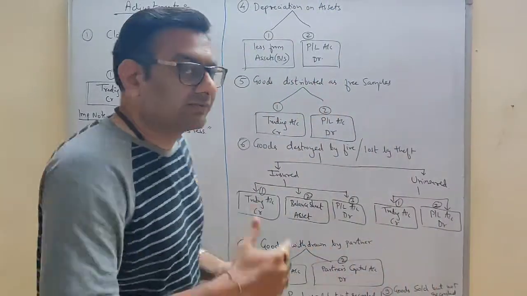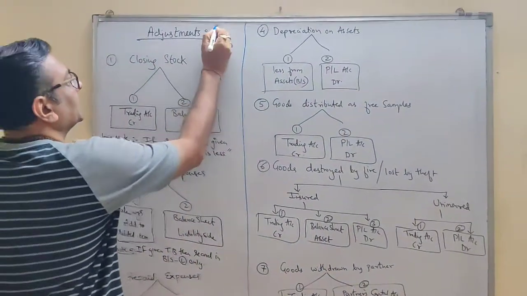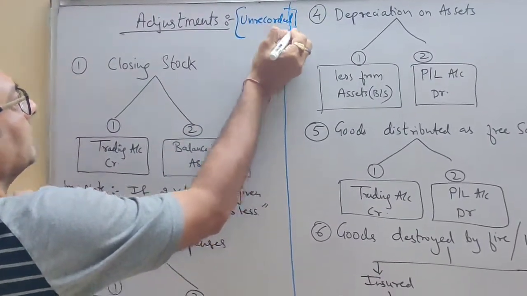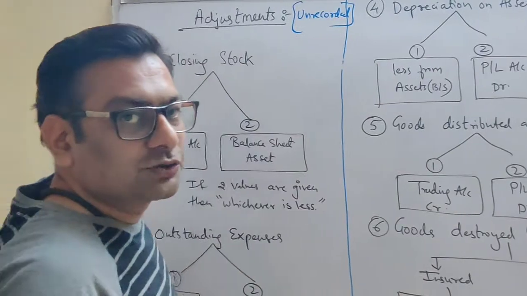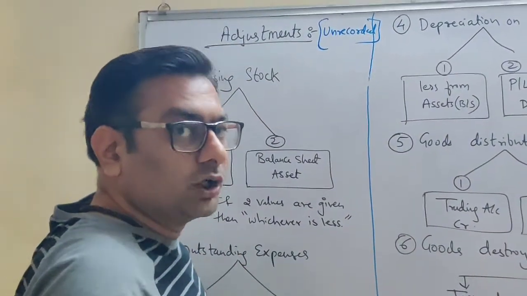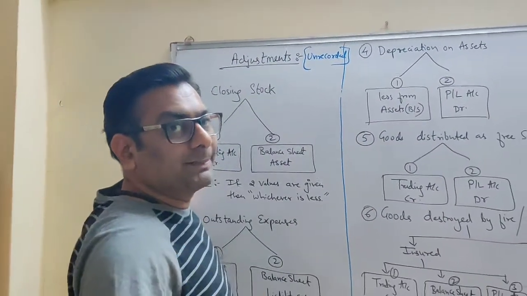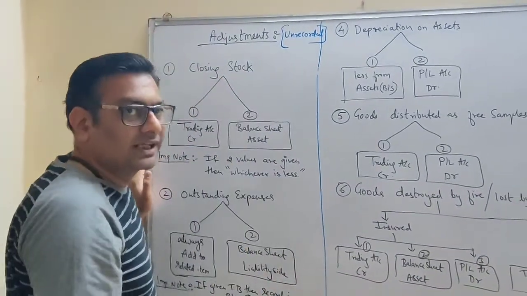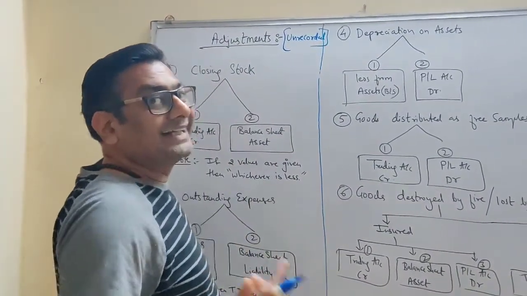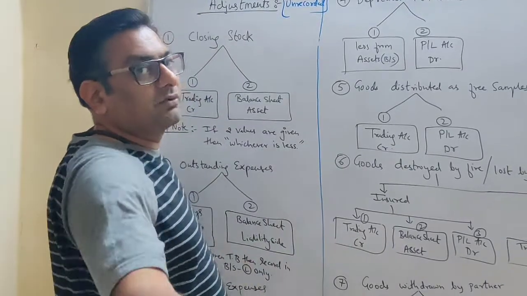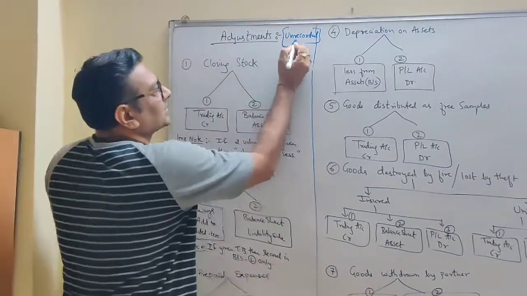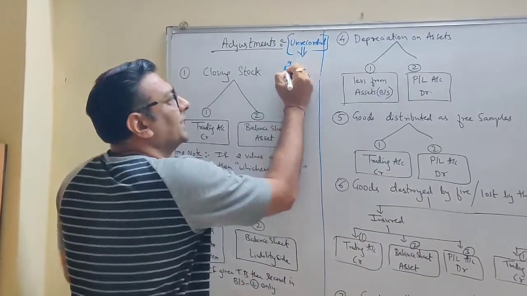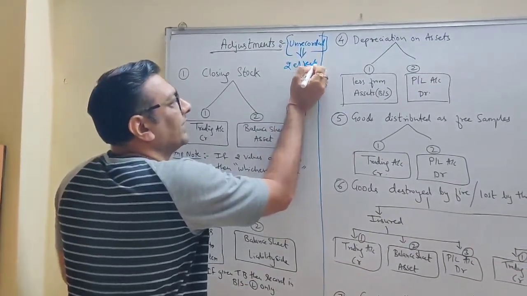So students, let's start with adjustments now. Adjustment, since it is unrecorded, when you're watching this video, students, I want you all to sit with a notebook and pen and write down all these effects. These are notes which will help you to revise later, especially at the time of exam. So adjustments are unrecorded. So if it is unrecorded, you have to give two effects.